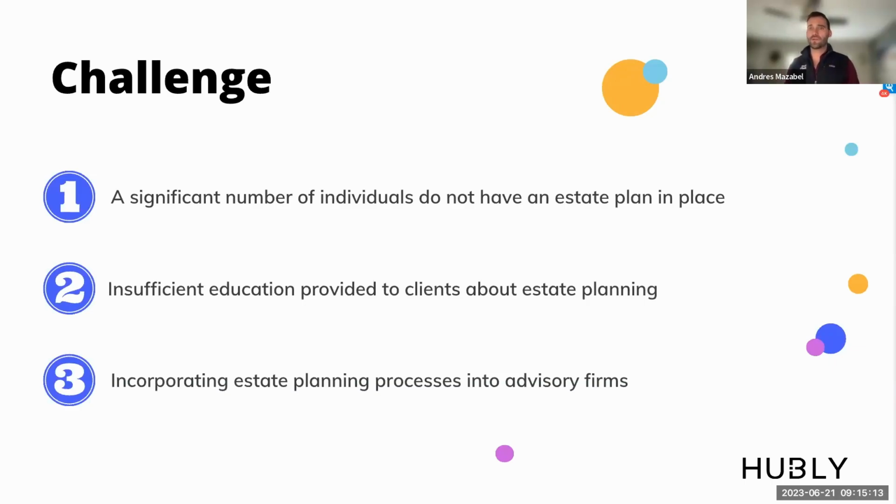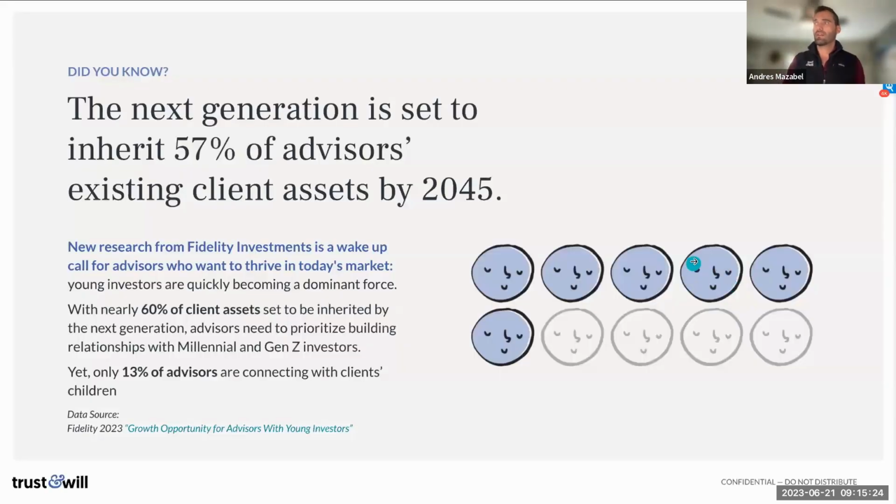And then 2, as we talked about, is also how can we make it easier for firms when they're onboarding a new client, to make sure that your clients are getting the information and the education around estate planning, and then really holding your clients accountable. We don't have a slide for this, but I'm sure you would agree.